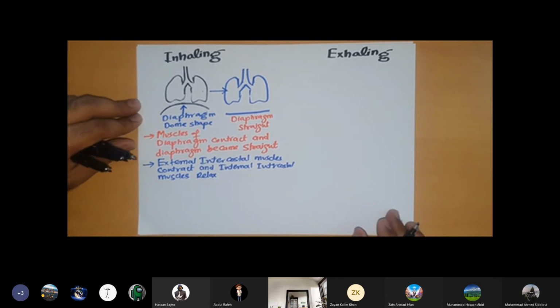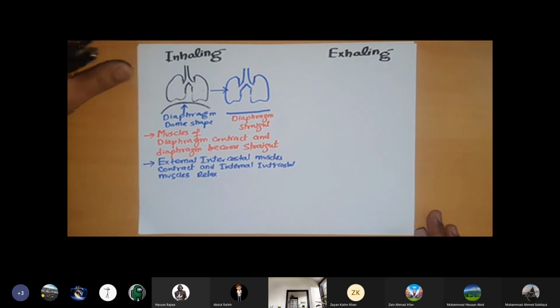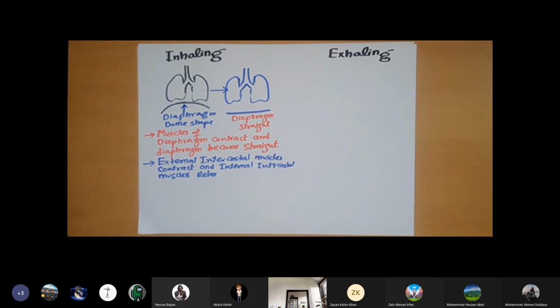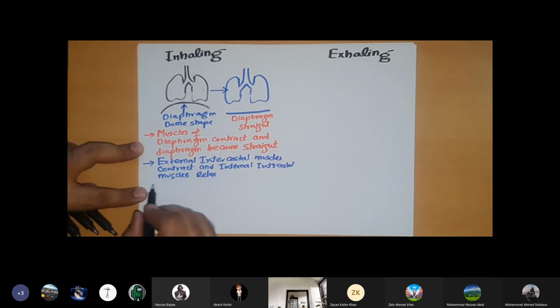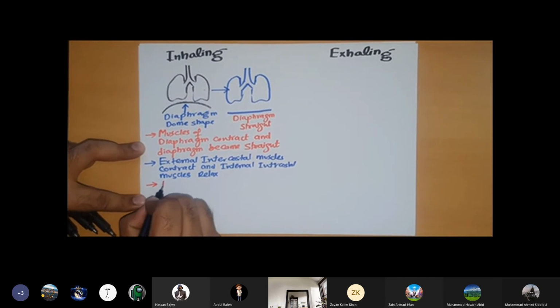Again, I explained this, that muscles always work in pairs. In this pair, when we are inhaling, the external intercostal muscles are contracting and the internal intercostal muscles relax. So when the external intercostal muscles contract and the internal intercostal muscles relax, at that time the rib cage is pulled outward and upward.